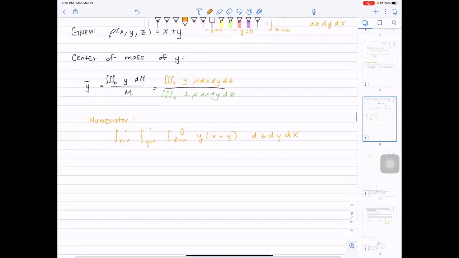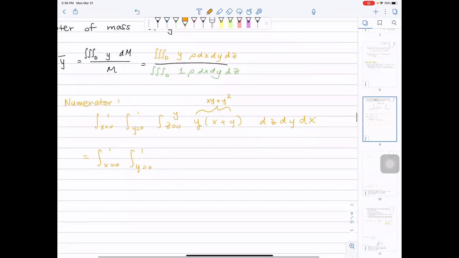Yes, okay. So let's simplify this. This is xy plus y squared. So we first do the z integration. We get xy plus y squared. Everything here is constant because there are no z terms, so it's just a constant times z, dy dx.